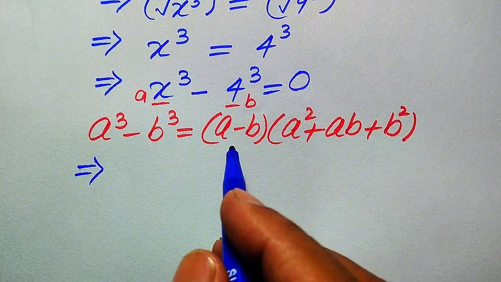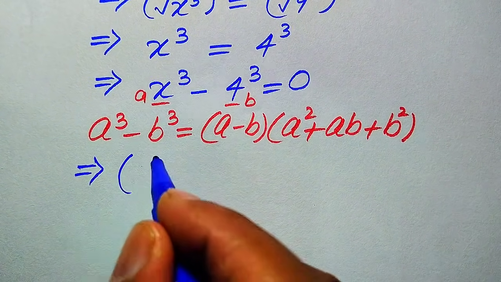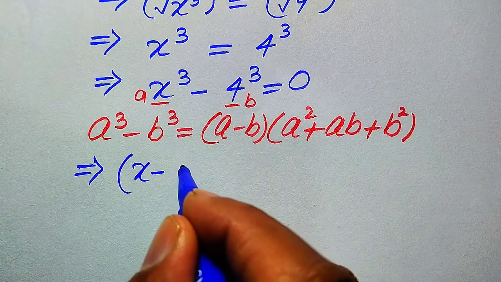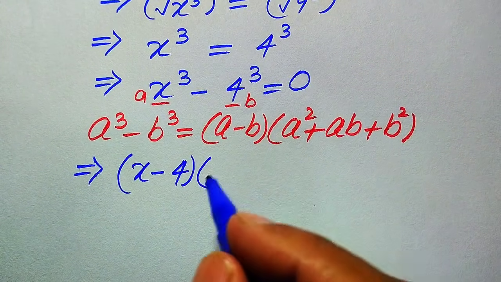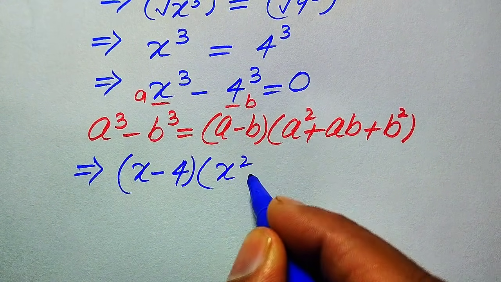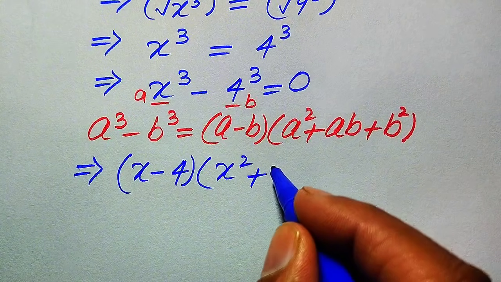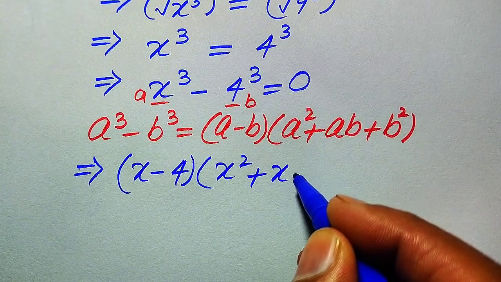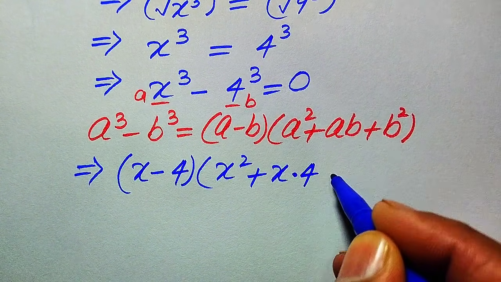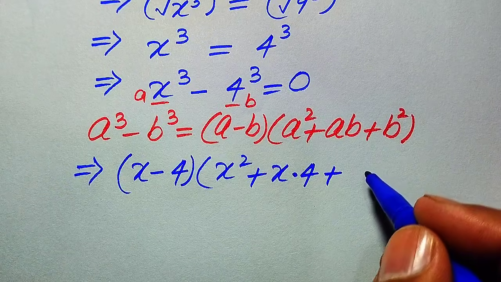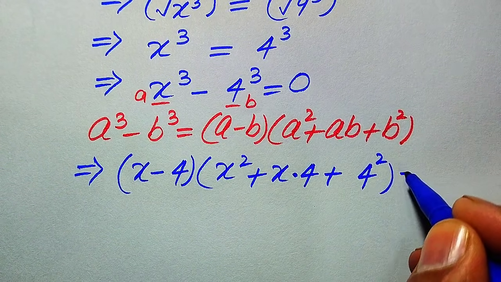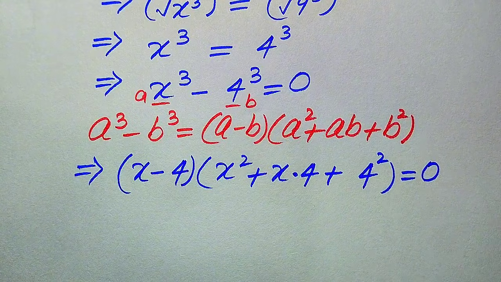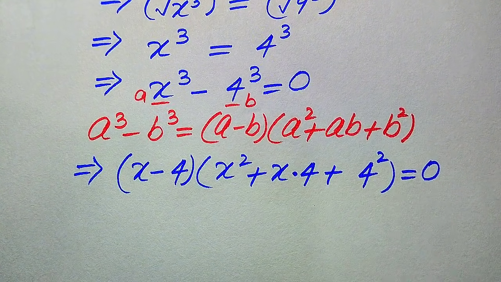First we have a minus b, where the value of a is x and the value of b is 4, times a squared, where the value of a is x, so x squared, plus ab, where a is x and b is 4, plus b square, where b is 4 square, and this whole equation equals 0.